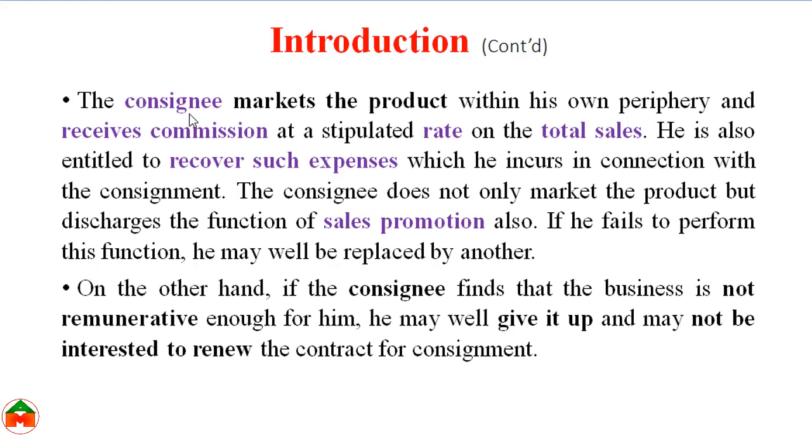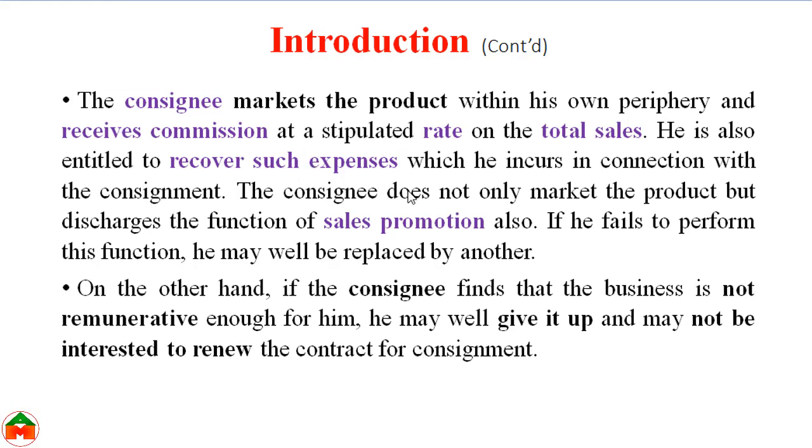I mean, for selling the products on behalf of the consignor, the consignee receives commission as well as other expenses which occur due to promotion or any other maintenance expense.